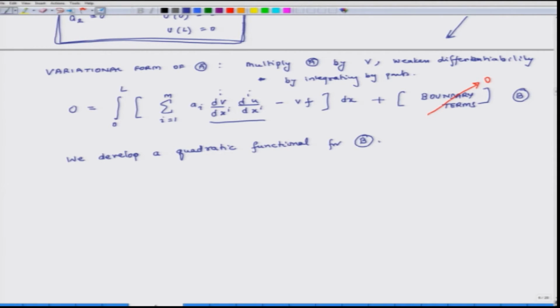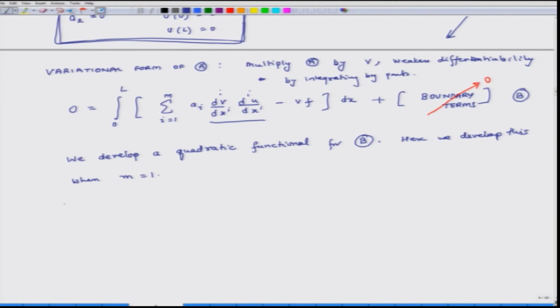Here, we develop this when m is equal to 1. If we follow the same procedure, we can also develop it for 2, but here we are going to develop it when m is equal to 1.